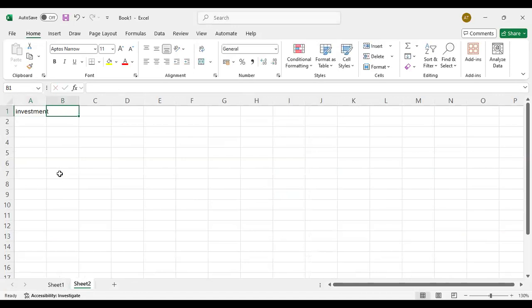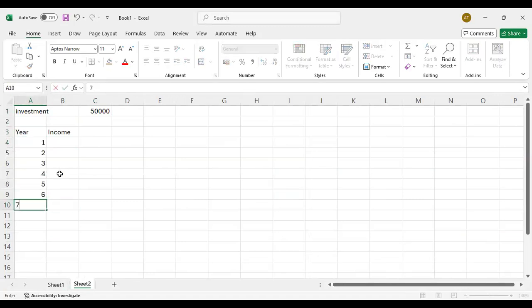Investment is 50,000. Now year and income. So we're taking first, second, third, 4, 5, 6, and 7 years.